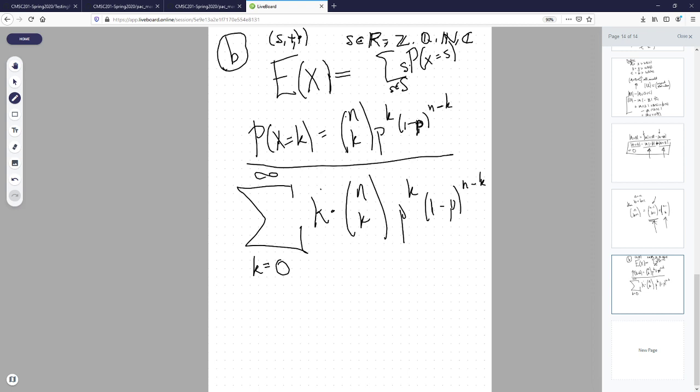So this is the expected value. So as it turns out, what should I even say about it?